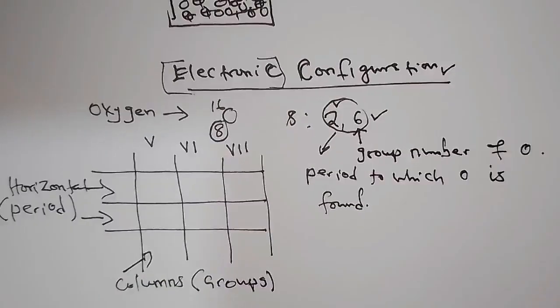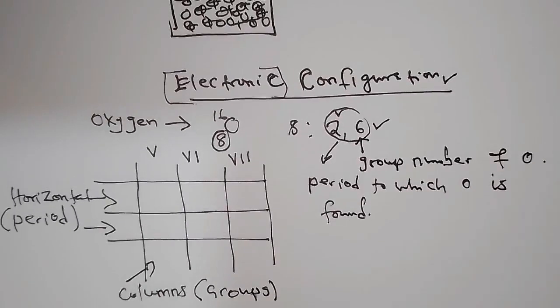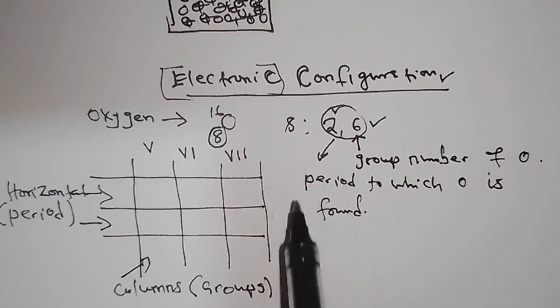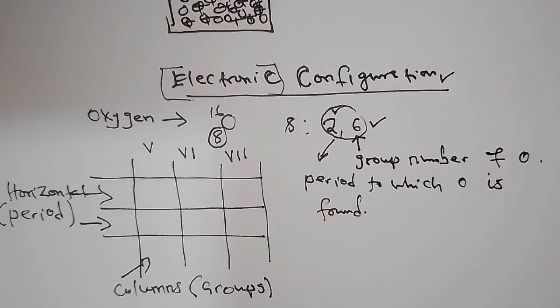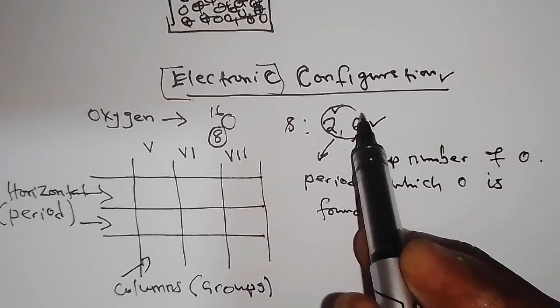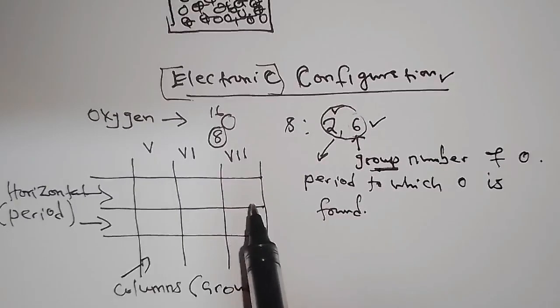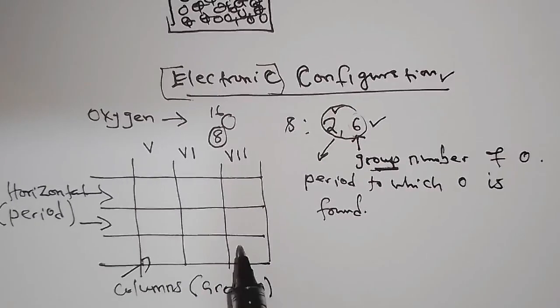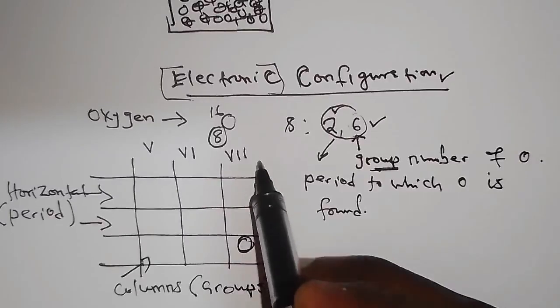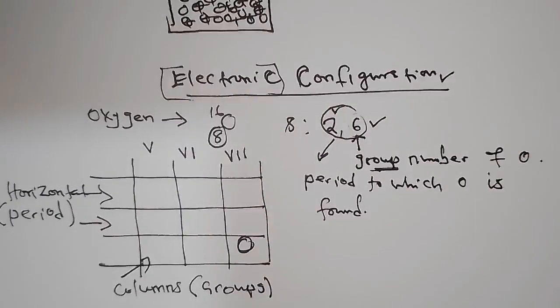So the electronic configuration for each element is going to give you information concerning the periodicity of that element, the periodic table information. In this case, oxygen, the last number is the group number. So oxygen is found in group 6, this vertical column.